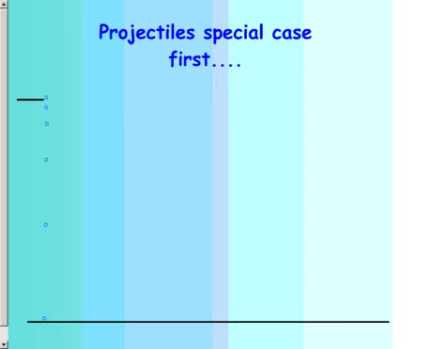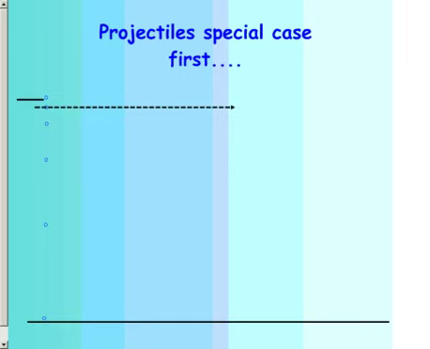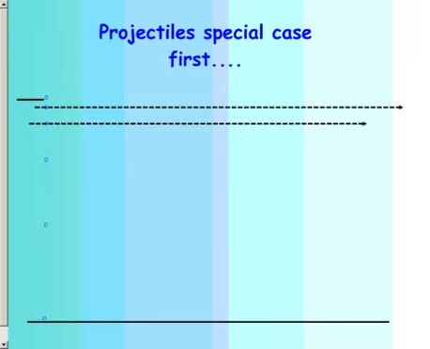So let's try something here. I'm going to add a few things to my drawing here. I'm going to put a dotted line right across here at each of these spots. Maybe this is 1/10 of a second or a 1/2 a second or something like that.